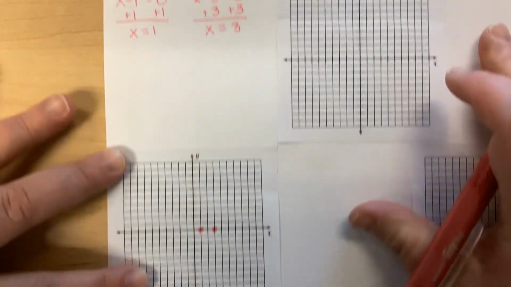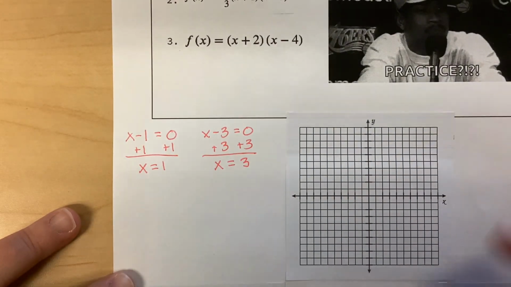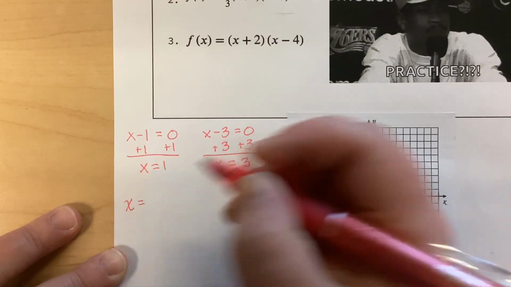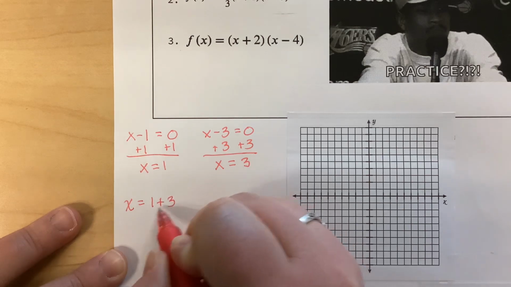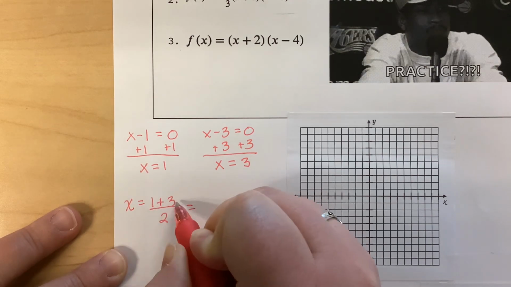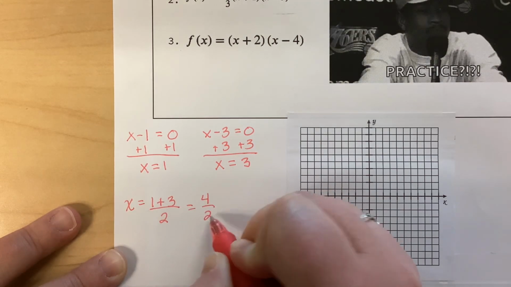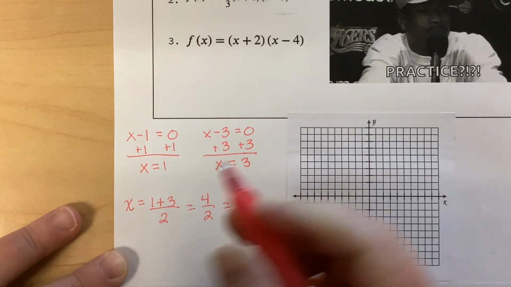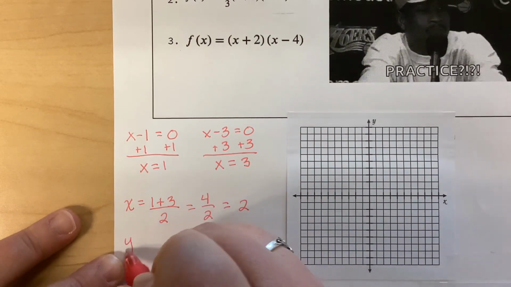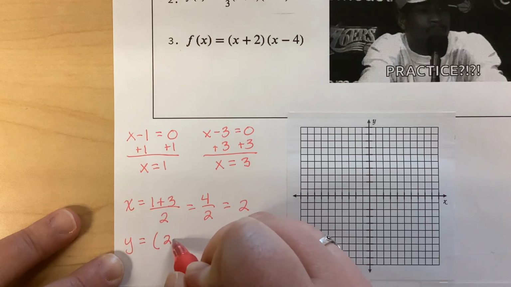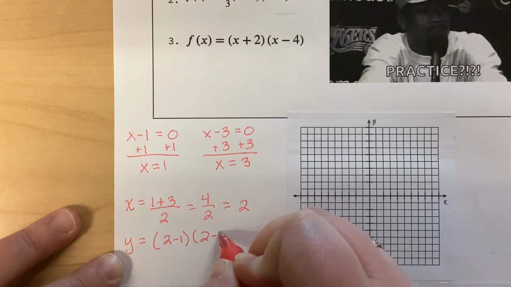All right. Now let's find the x value of our vertex. So x is equal to 1 plus 3 divided by 2. 1 plus 3 is 4, divided by 2 is 2. So then I'm going to plug that back in. So y is 2 minus 1 times 2 minus 3.